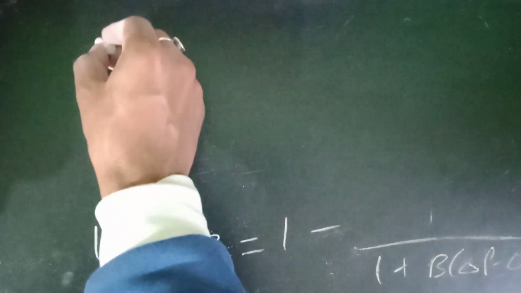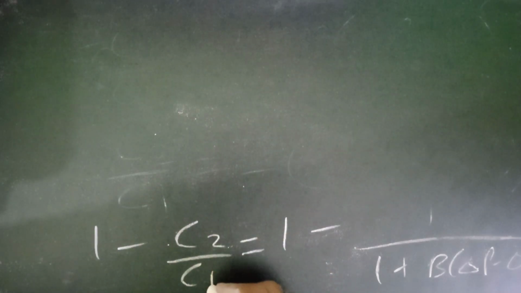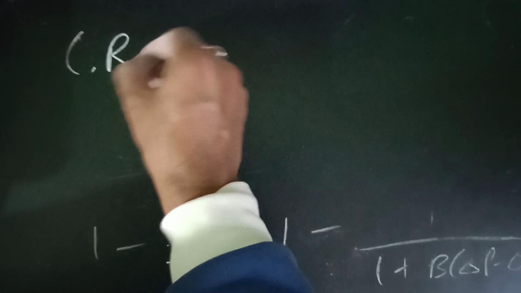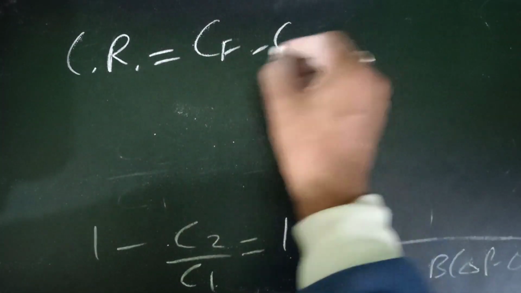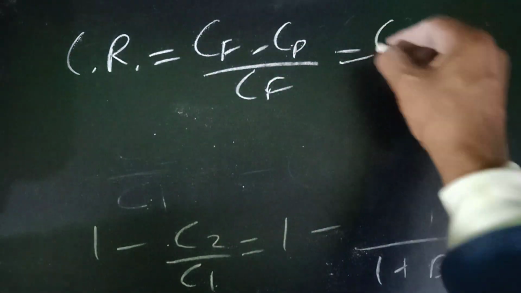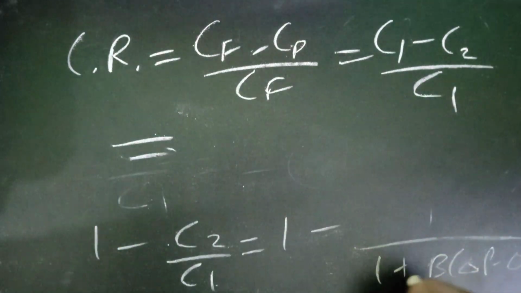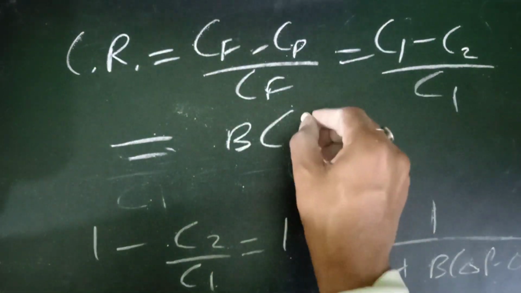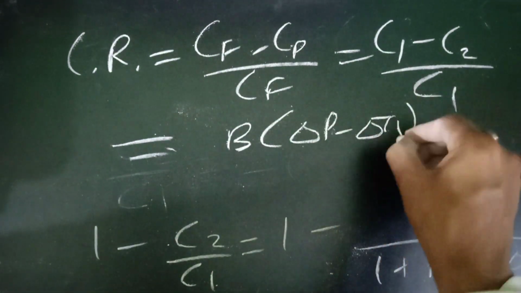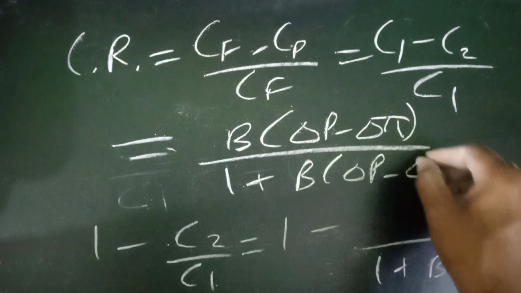Finally, if we rearrange all of this, 1 minus C2 by C1 is 1 minus Cp upon Cf. This is our R. R is Cf minus Cp by Cf, or C1 minus C2 upon C1. This is nothing but 1 plus B, this, minus 1, so this is B into delta P minus delta pi upon 1 plus B delta P minus delta pi.